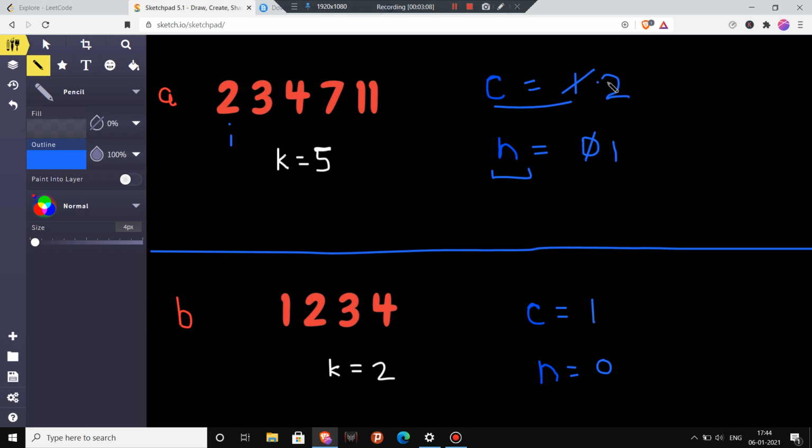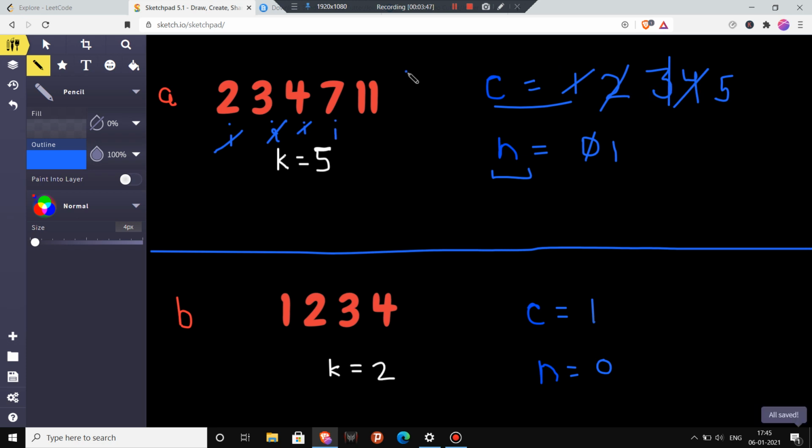Now my C is equal to 2, my A of I is equal to 2, they are equal, so I will increment my I and I will increment my C. Now A of I is equal to 3, C is equal to 3, they are equal, so I will increment my C to 4, and I will increment my I, so A of I now becomes 4. Now also they are equal, I will increment my C, I will increment my I.